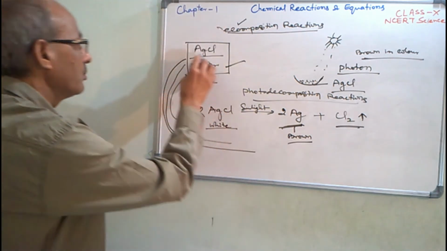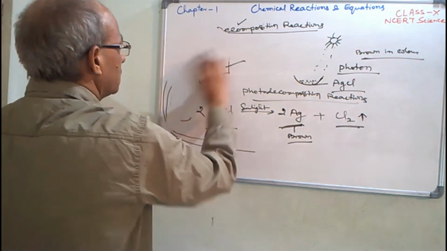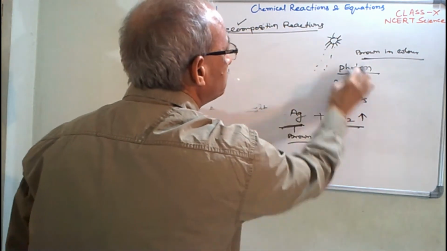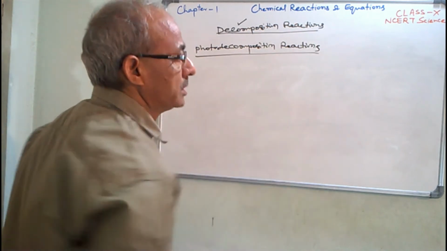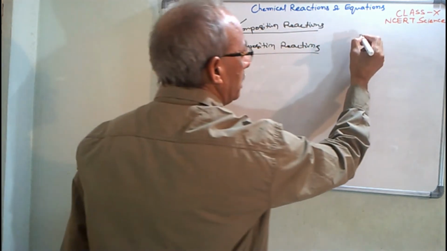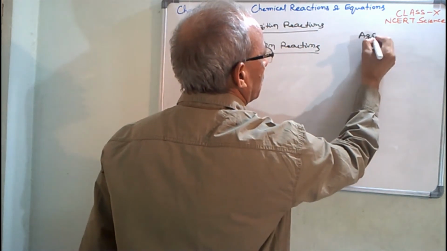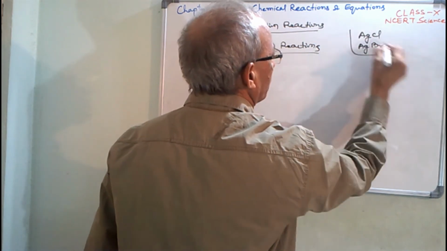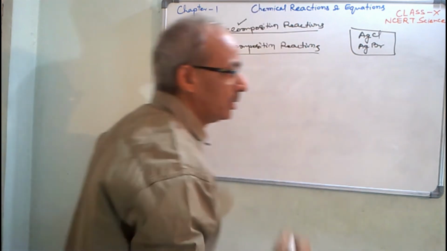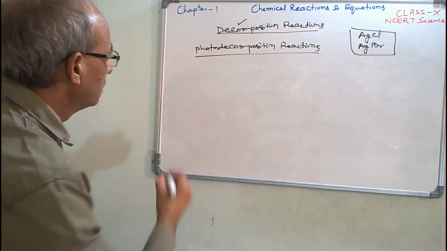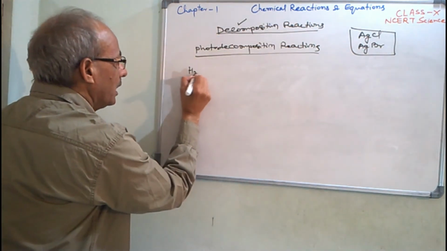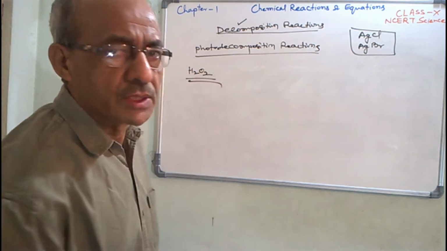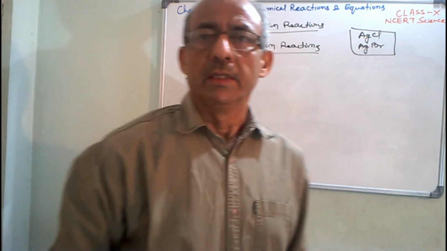With a certain example, we will also understand the photo-decomposition reaction. Similar to silver chloride and silver bromide, one chemical substance, hydrogen peroxide, is also sensitive to sunlight.